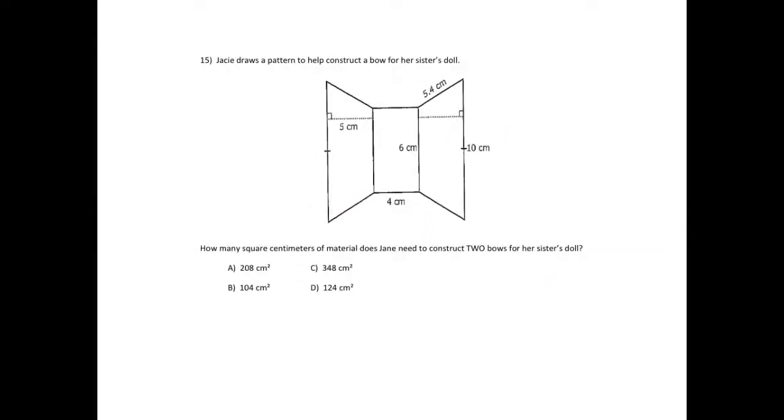Last question, it's asking about this, but then it's asking you to put it in for 2 bows. So you've got to find the area of all the pieces, and how many square centimeters of material. Notice this is a trapezoid, so we're going to use that trapezoid formula again.